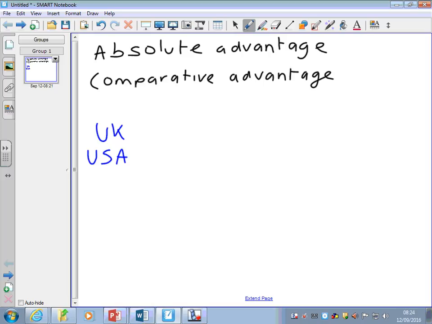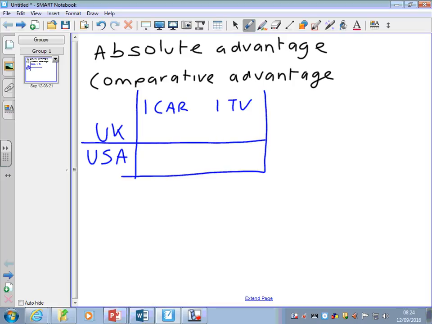Okay, and what we're going to be looking at is a simple world where all that is produced in these two different countries are two goods. And the goods we're going to focus on are a car and TV. So all the resources in these countries are used to produce either cars or TVs. So everyone's wants and needs are satisfied simply from cars and TVs.